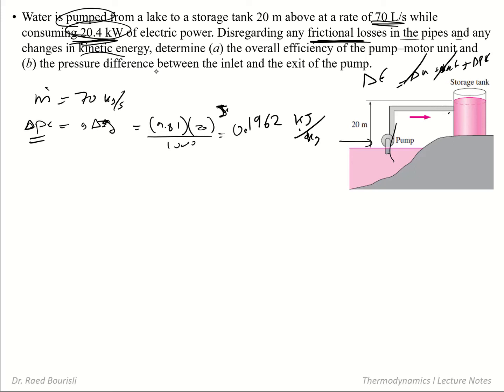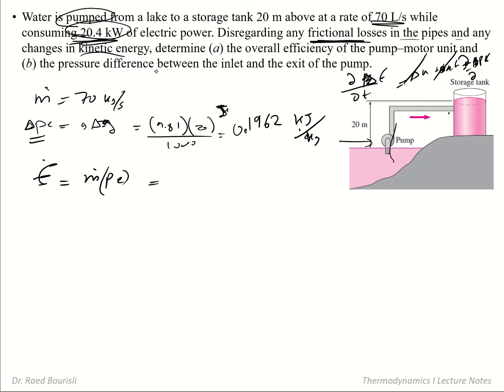So basically E dot is equal to m dot PE.